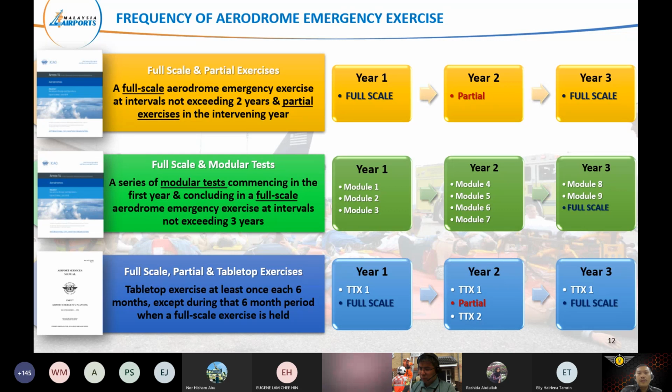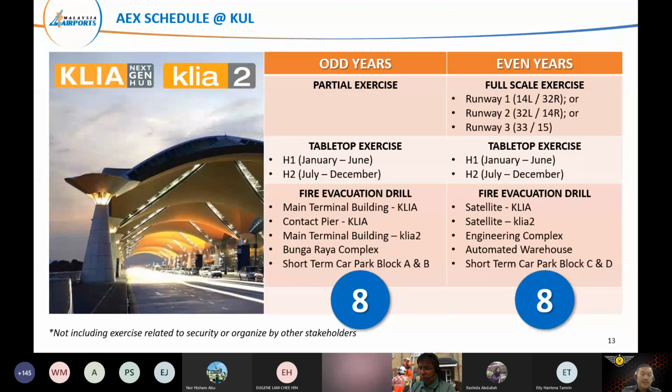I will show some examples from KL International Airport, or KUL. So in KUL, we divided the exercise into odd years and even years. In odd years, we conduct a partial exercise, tabletop exercise twice, and fire evacuation drills. We have 5 fire evacuation drills for our critical installations, including our passenger terminal building.